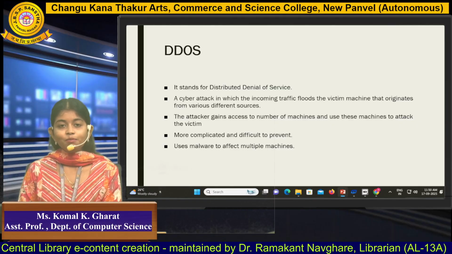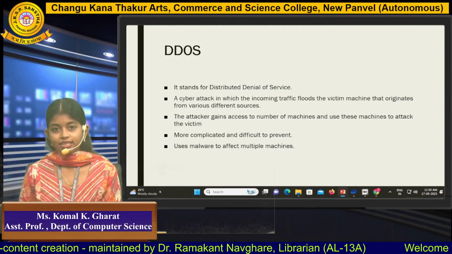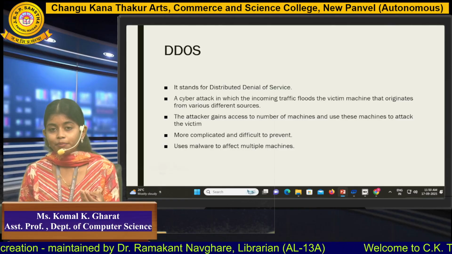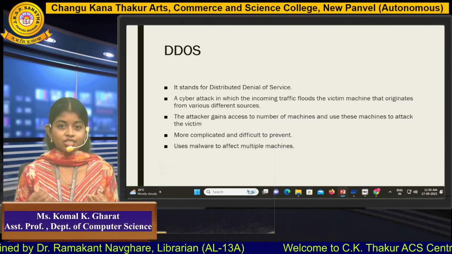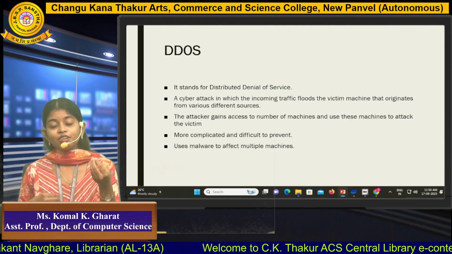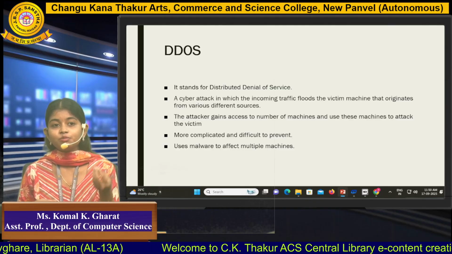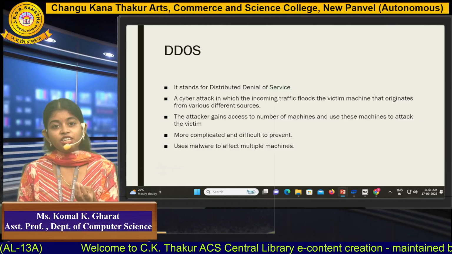This is more complicated and difficult to prevent. Why? Because the attacker first has to implement the mechanism and give commands to the master, then the master systems establish unauthorized access on the slave systems, then the master systems give commands to the slave systems to send requests to the victim computers.